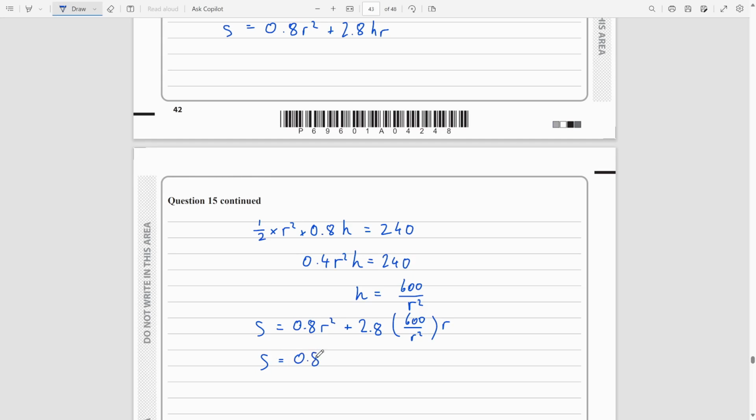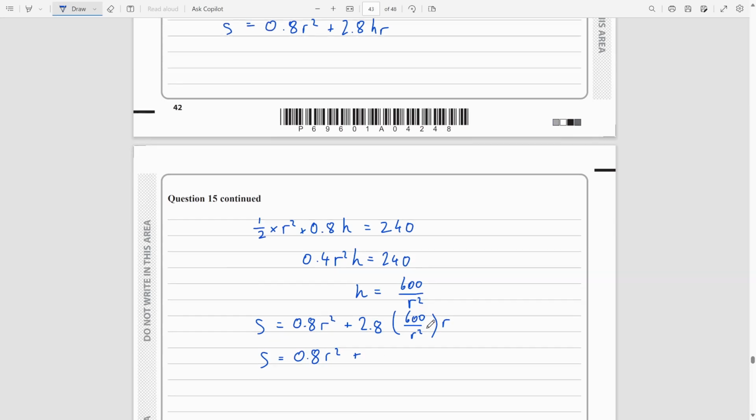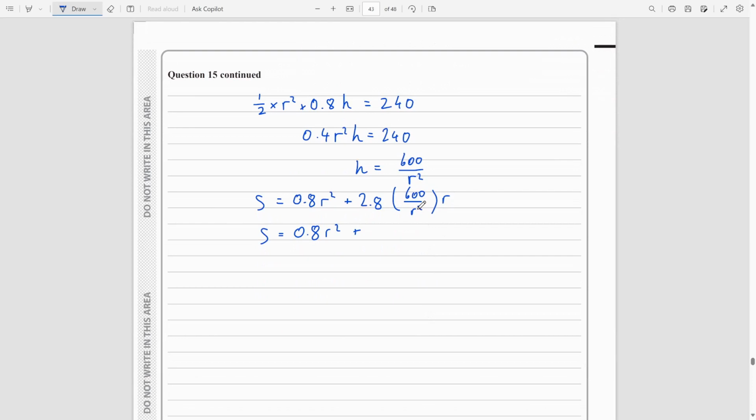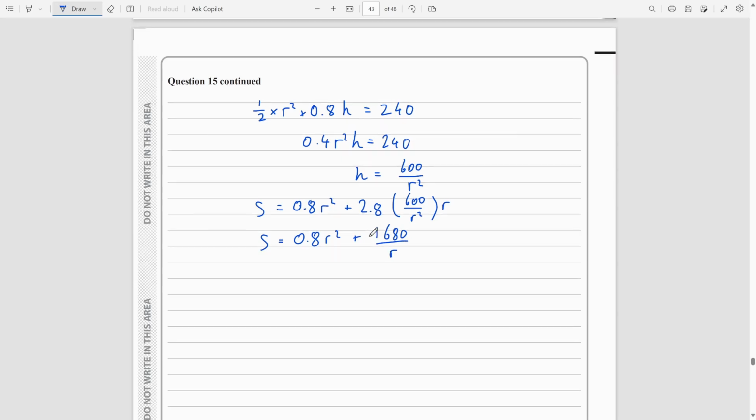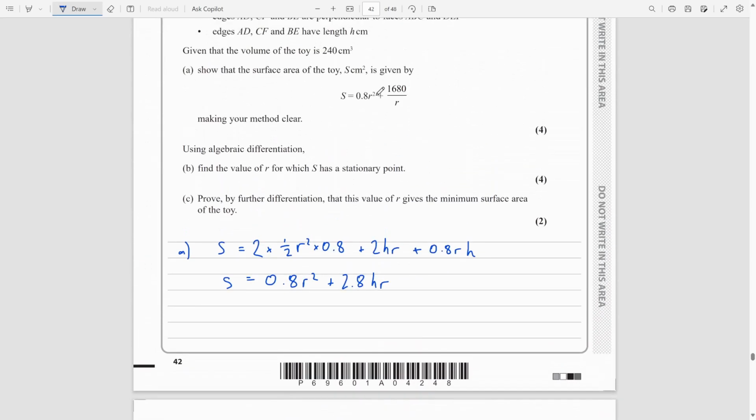So 0.8r squared, 600 times 2.8 is 1,680, and then the r here cancels with one of the r's here, leaving 1,680 over r, and that was what we needed to show in the first place.